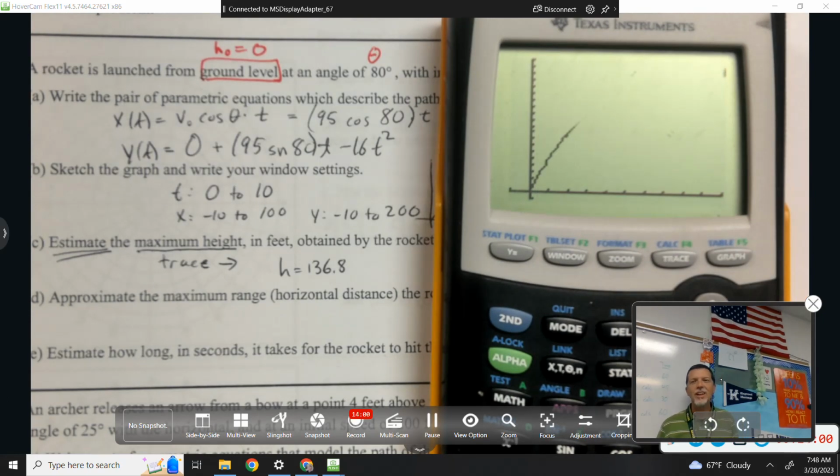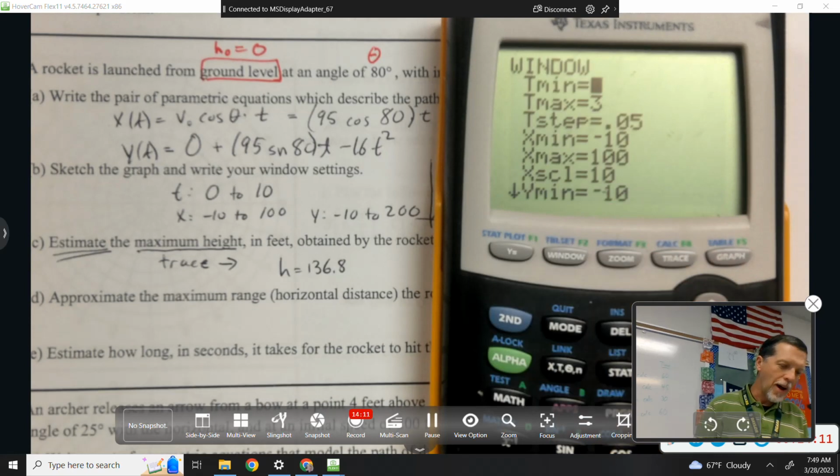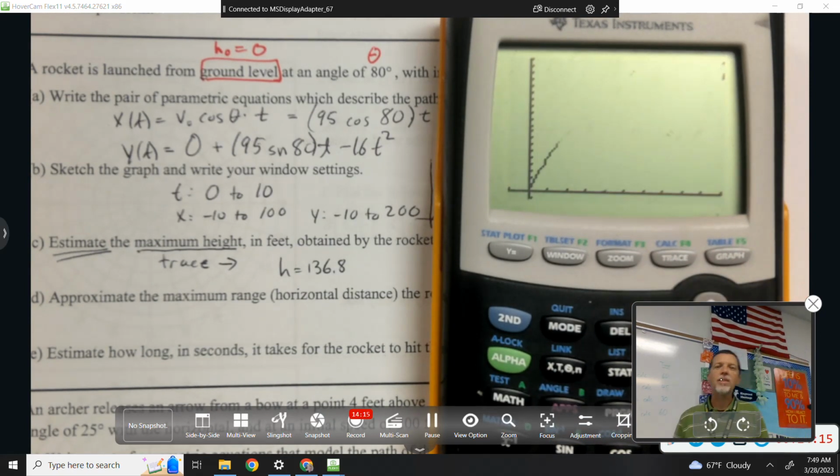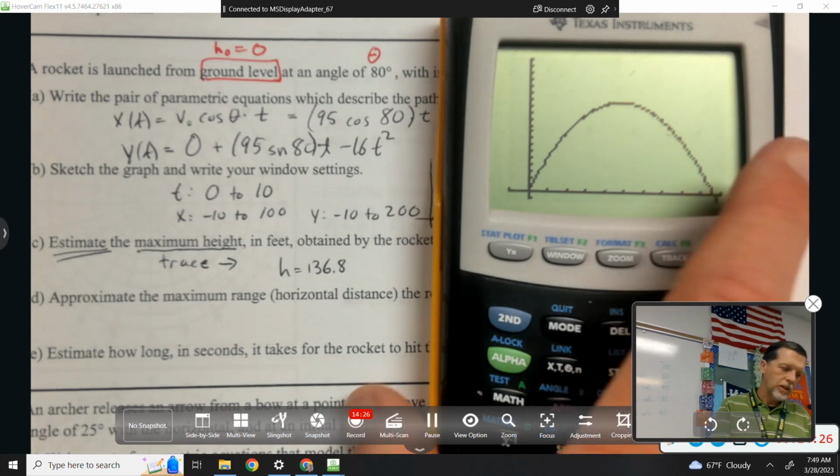I don't know how long that is, but it's like, well, that's not the end of the graph, but that's all you told the calculator to do. So if you get something like that, then you go back and you're like, whoops, we didn't go far enough on our t. So let's change that back to 6. There's no small part of today that is knowing how to play with the window to make your graph look like what you want it to look like.